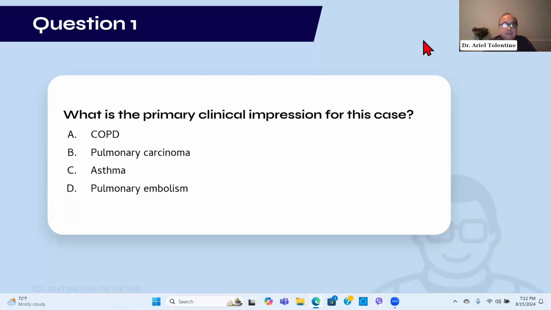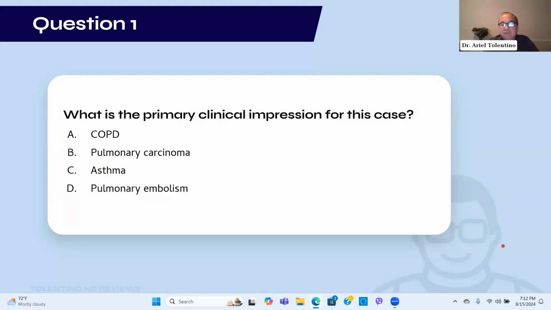So here you see different pulmonary conditions, COPD, you have a malignancy, you have airway hyperreactive conditions, and pulmonary embolism as options. Okay, so we're giving you a few more seconds. Okay, let's end the poll now.